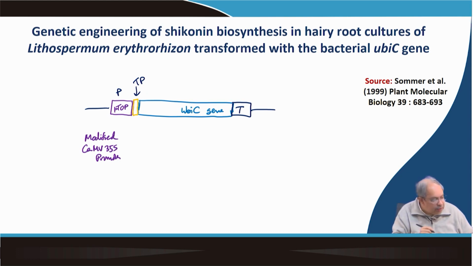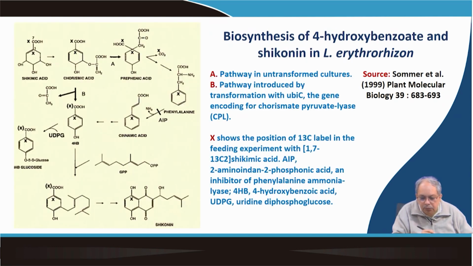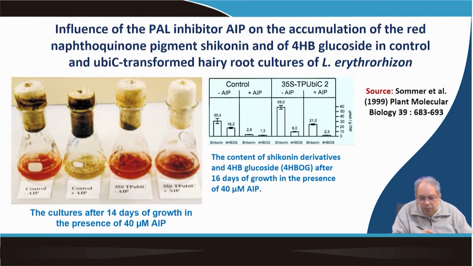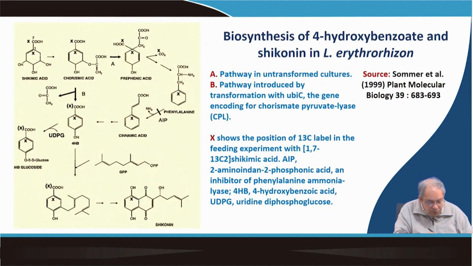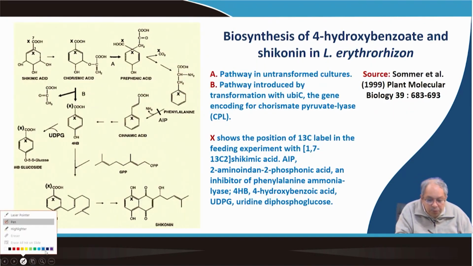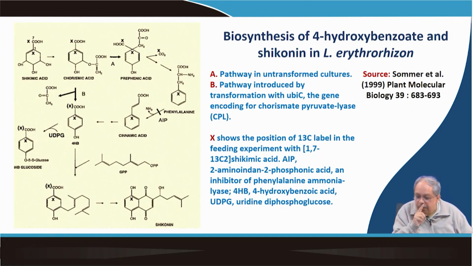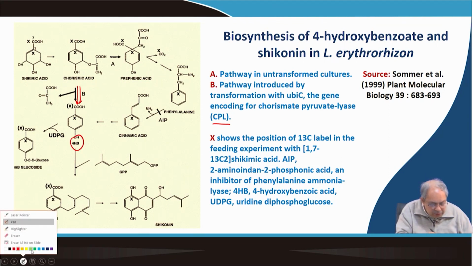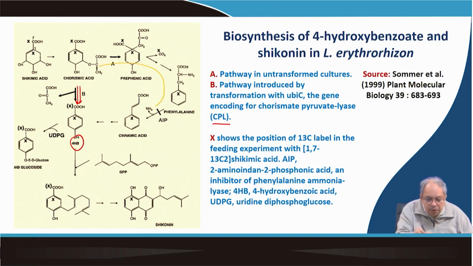Okay. Another thing is this, that this is the pathway which I have shown in the previous one. So, the chorismic acid in one step makes 4-hydroxybenzoic acid, this is this route. So, this is 4-HBA, but the normal pathway is basically through this route.